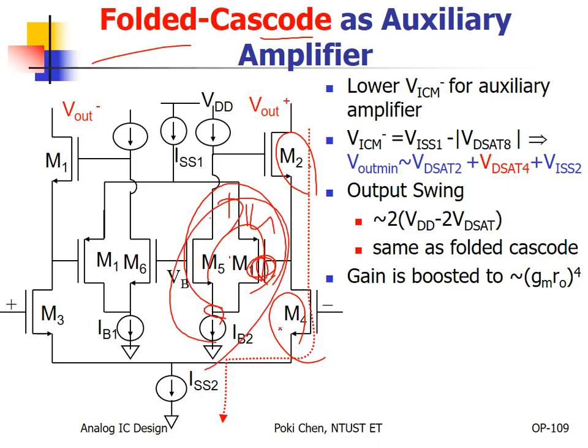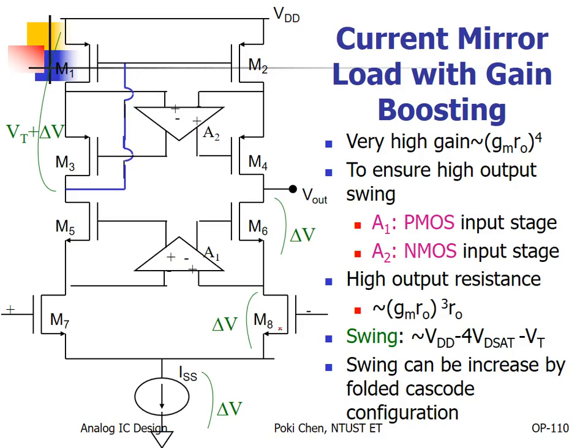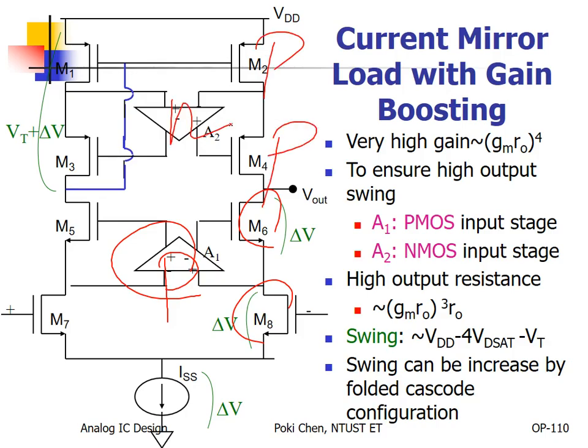Similarly, I need to remind you: for NMOS, this should be P. Folded cascode, it should be P. And similarly, for PMOS, this should be N. That's it. But how? Later, I will explain. Sorry for that, I had better modify the order of the slides.